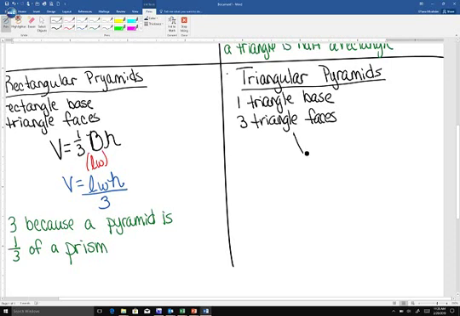We find the volume is 1/3 the area of the base times the height, but we break down the base into length times width divided by 2 because it's a triangle face.